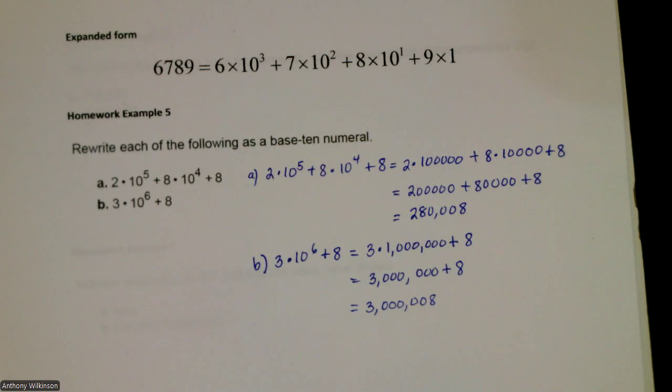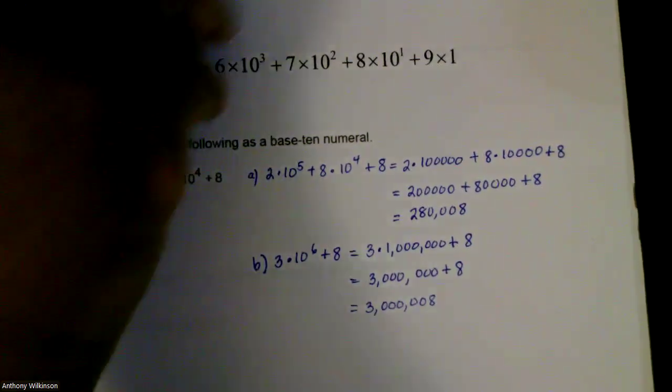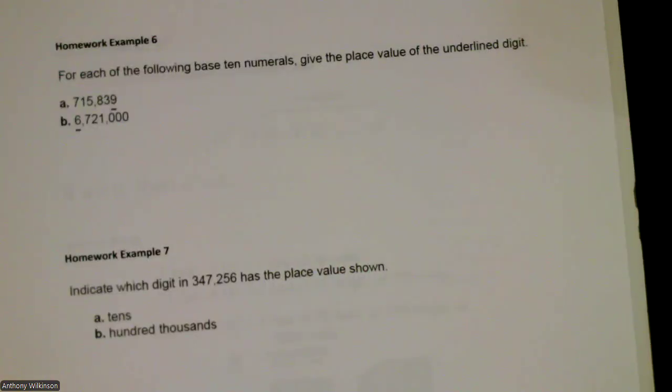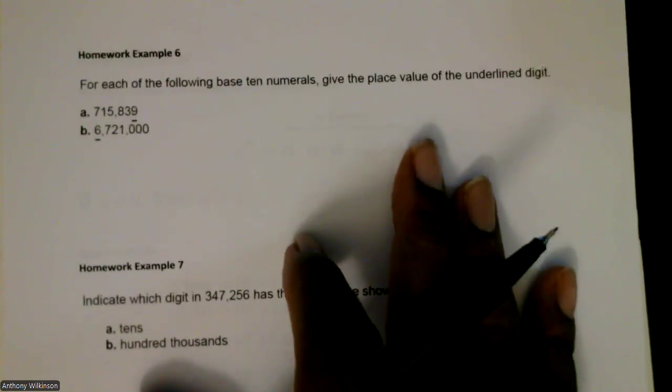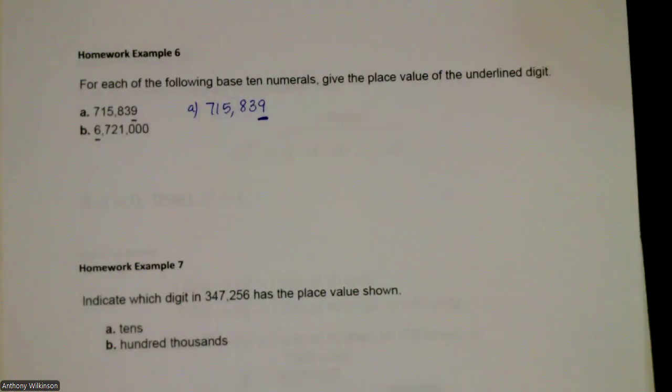Okay. All right, on the next page, we'll look at some other examples where we're identifying, in this case, the place value position of each underlying digit in each of those base 10 numerals. Like in part A, you got 715,839. And the 9 is underlined.